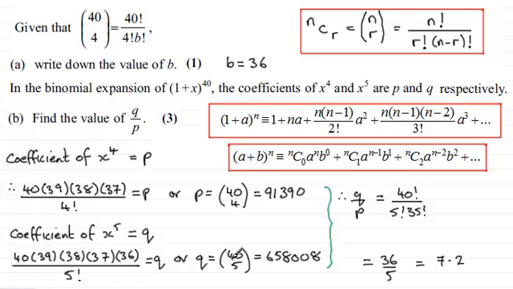So that's 40C5, and we would divide this by 40C4.